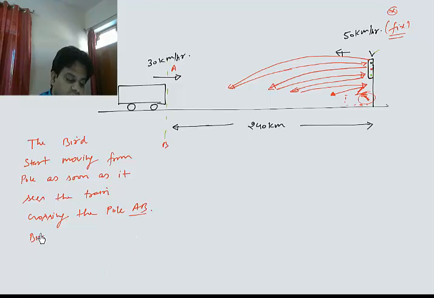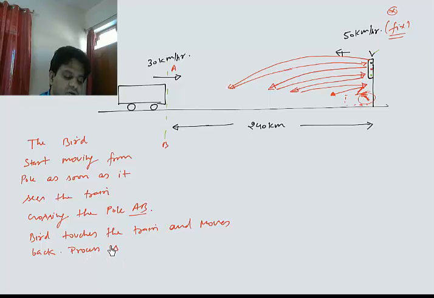So the bird touches the train and moves back. This process is continued till the bird reaches the signal.